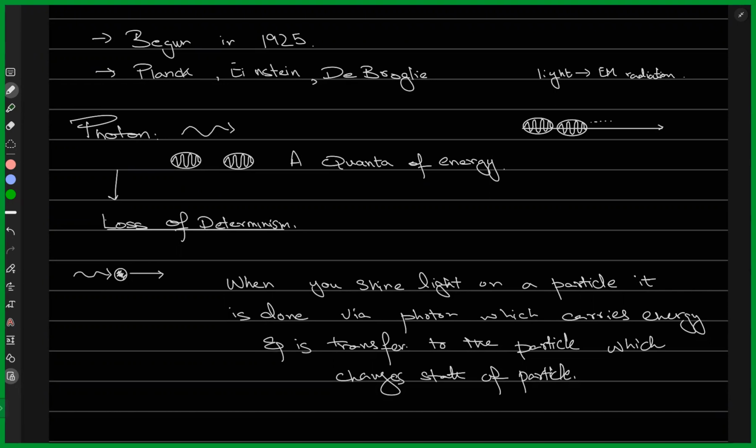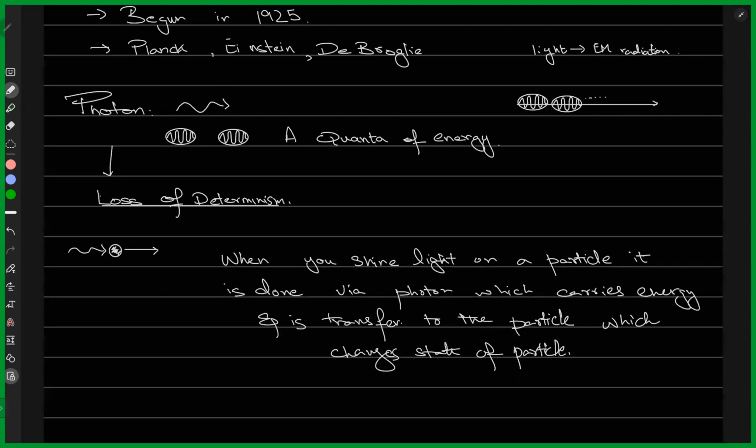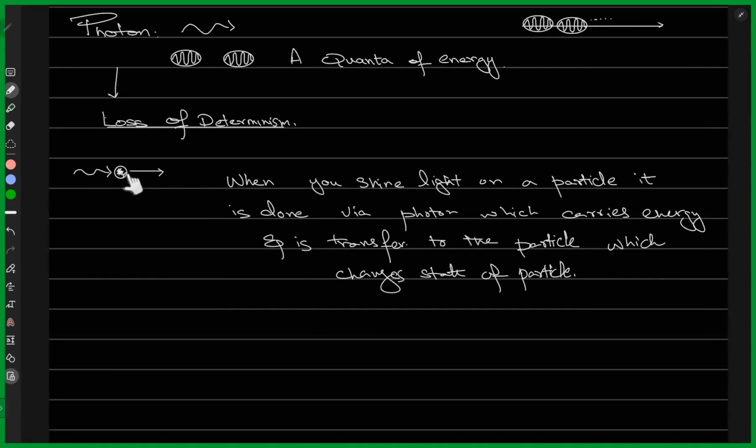Anyway, because this is made up of these packets of energy, if I have a particle and I want to see it, so this is my particle, and it's sitting stationary. The room is entirely dark. So when you enter the room, you cannot see this particle, because the room is entirely dark.